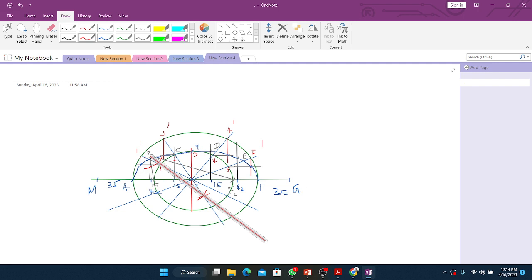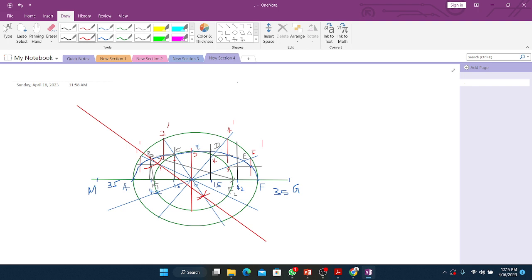You can continue this line, extend this line up to here. Then this line is our normal to the ellipse.